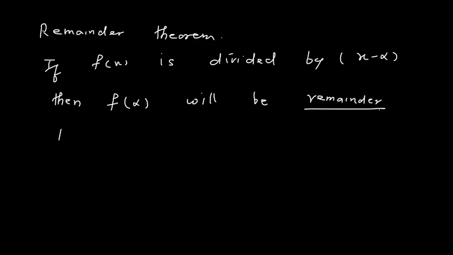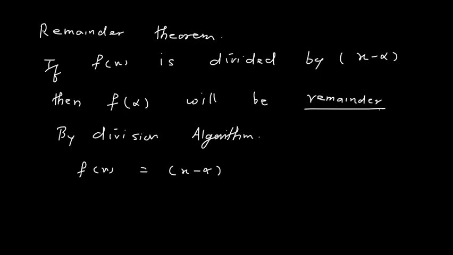So I will say that by division algorithm, this f(x) you can write as x minus alpha, because you are dividing by x minus alpha, into q(x) plus you get r(x). You will get some remainder.